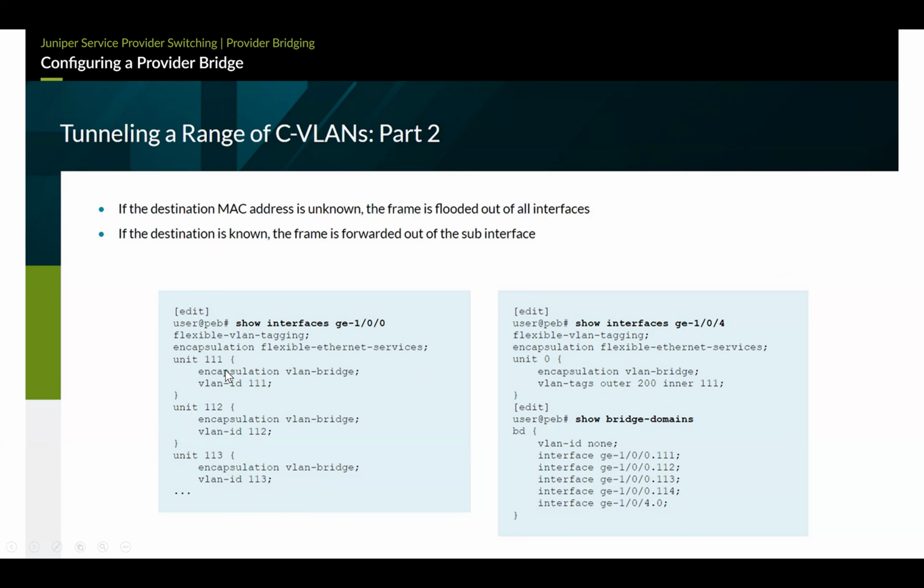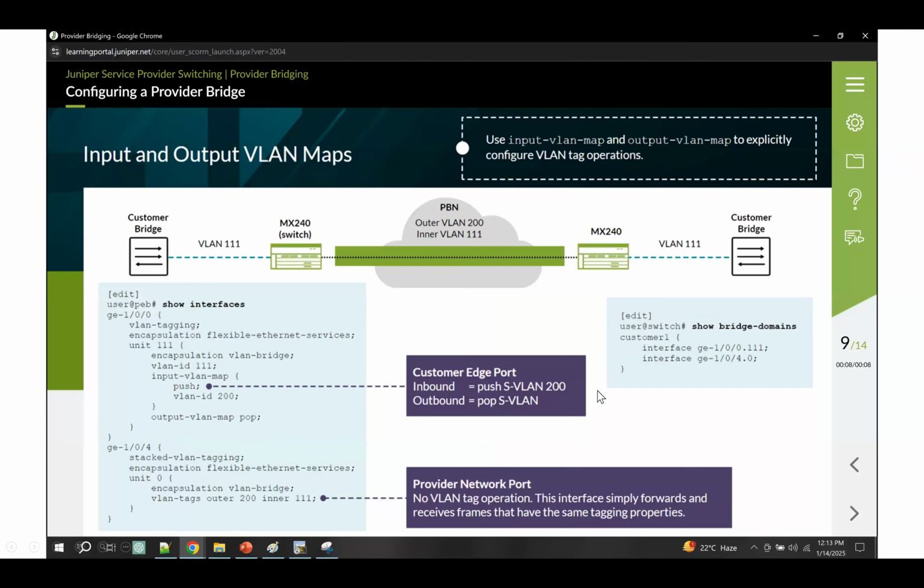They are configuring for each VLAN. Then show bridge domains: the bridge domain is BD, and under the BD they are listing the interfaces, which interface is participating: 1/0/0 with 111, 1/0/0 with 112, like this. Okay, so this is the process.